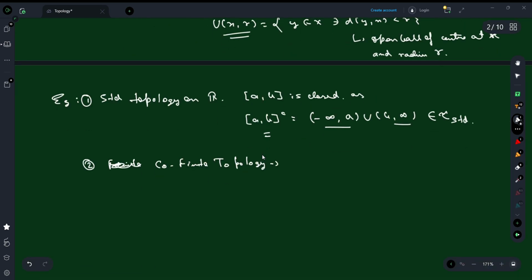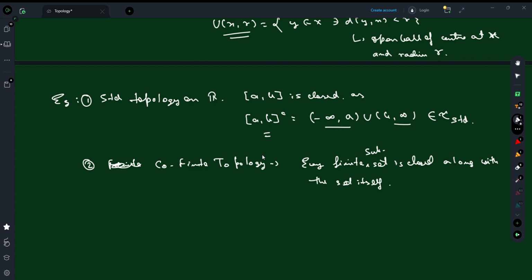Therefore it's obvious that in a cofinite topology, every finite subset is closed, and obviously the set X itself is closed as well.